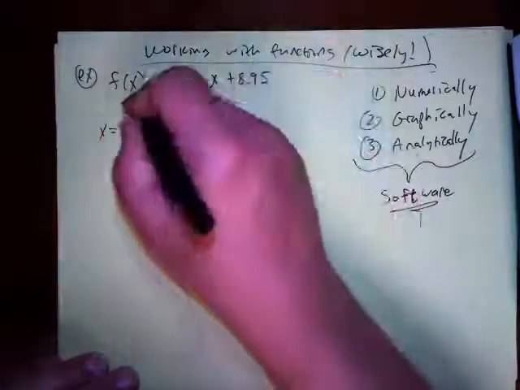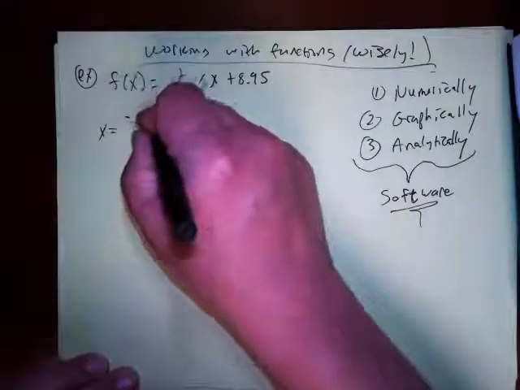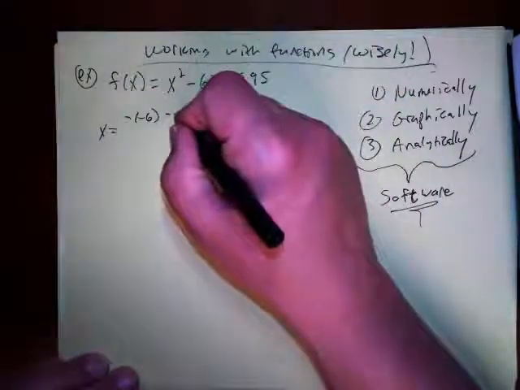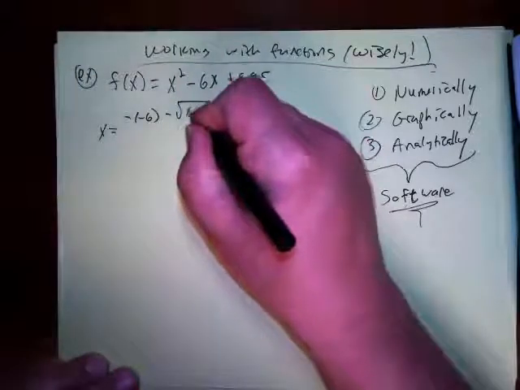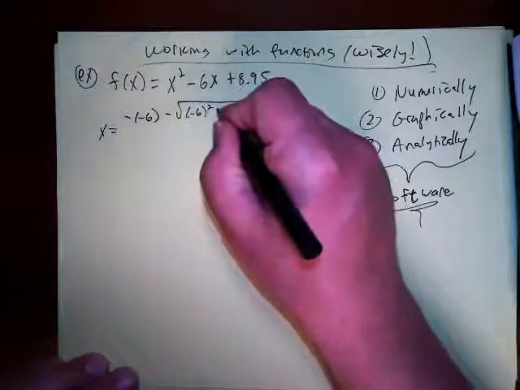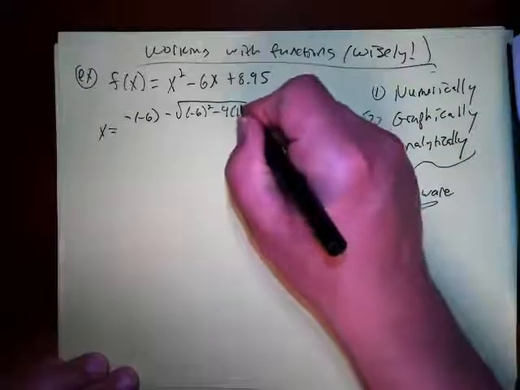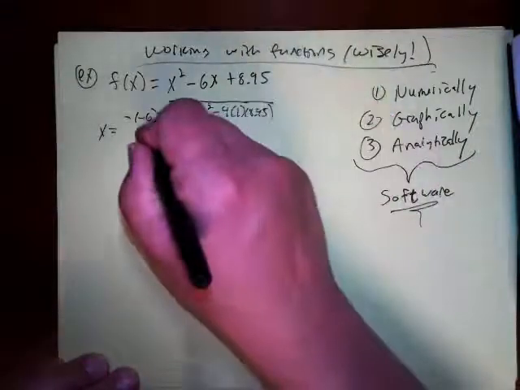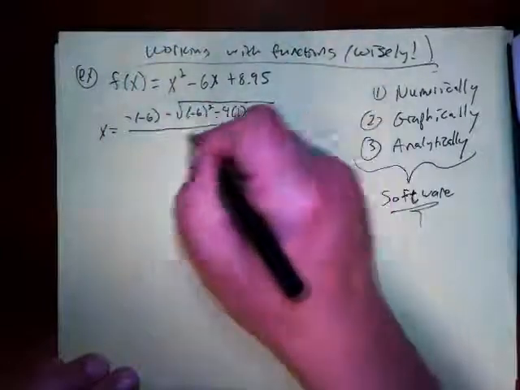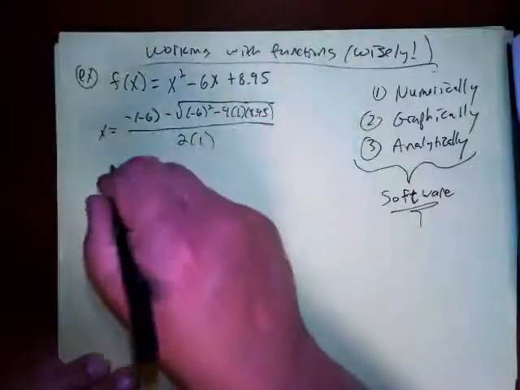So it's going to be the opposite of b, so the opposite of -6, plus or minus the square root of b squared, so (-6) squared, minus 4 times a times c, all over 2a, 2 times 1.